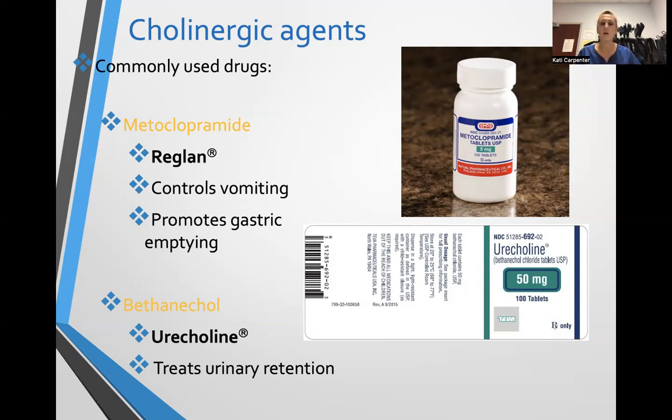So this is going to promote gastric emptying to keep things moving right along. And then bethanechol, Urecholine, treats urinary retention. There are some disease processes that make the urinary bladder hold onto urine longer than it should, so it's holding in urine and not letting everything out. So this would be a drug, because remember, with your parasympathetic plus, that's when you make the peeps.